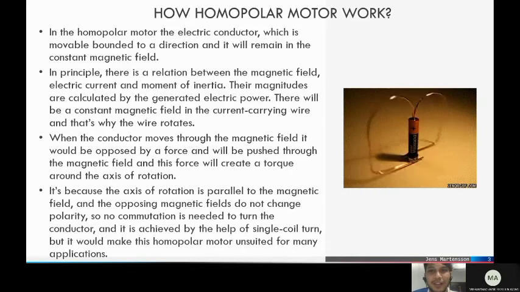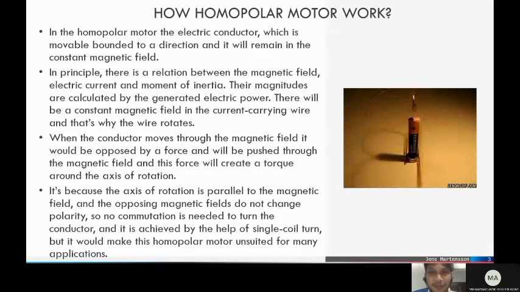In principle, there is a relation between the magnetic field, electric current, and moment of inertia. Their magnitudes are calculated by the generated electric power. There will be a constant magnetic field in the current carrying wire, and that's why the wire rotates.